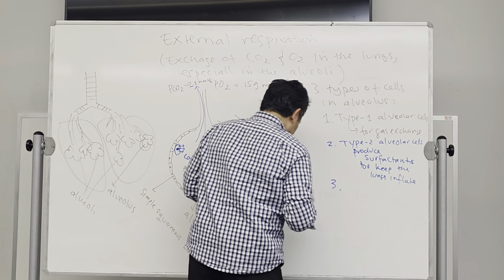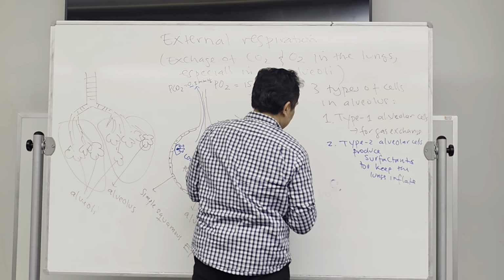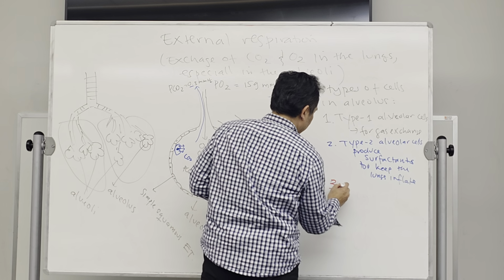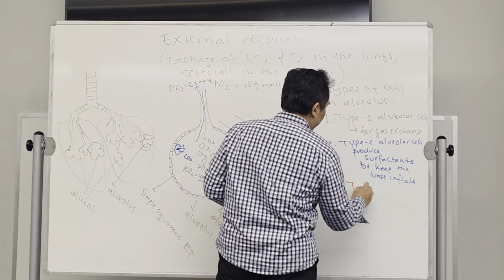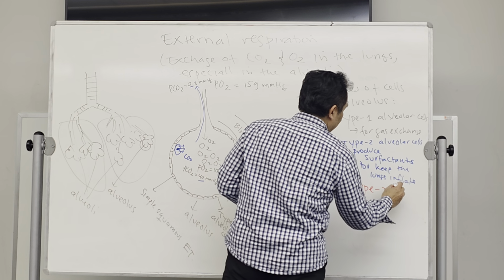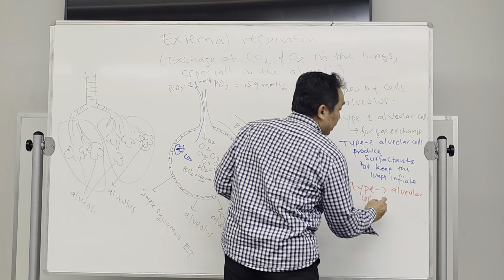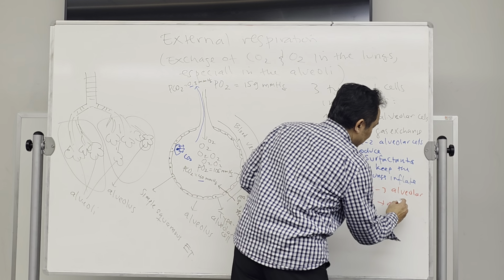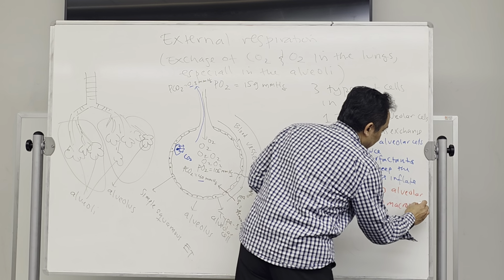The third one, okay, I'm gonna use the red color here. The third type of cell is called the type 3 alveolar cell. This is actually macrophages. Right? Macrophages is a type of white blood cell. Okay, so let's say gonna put it here.